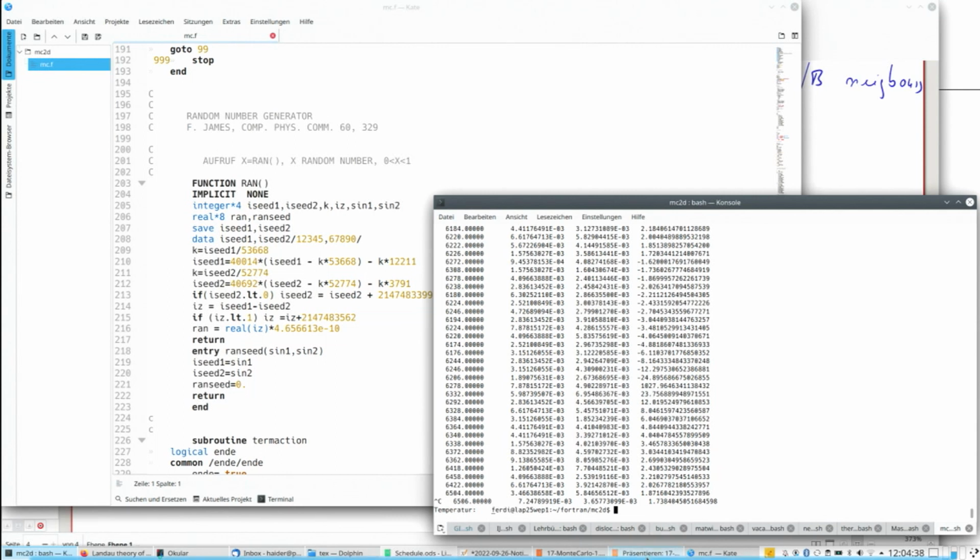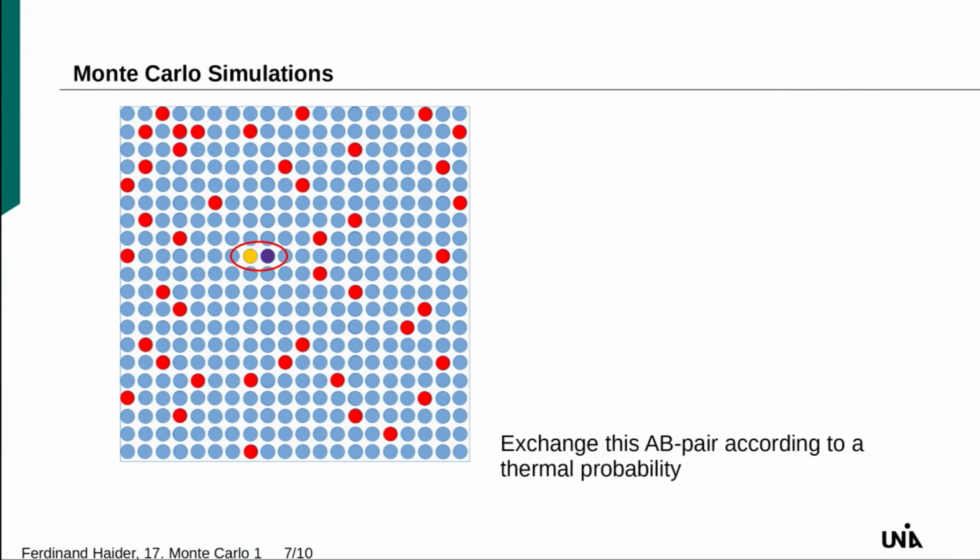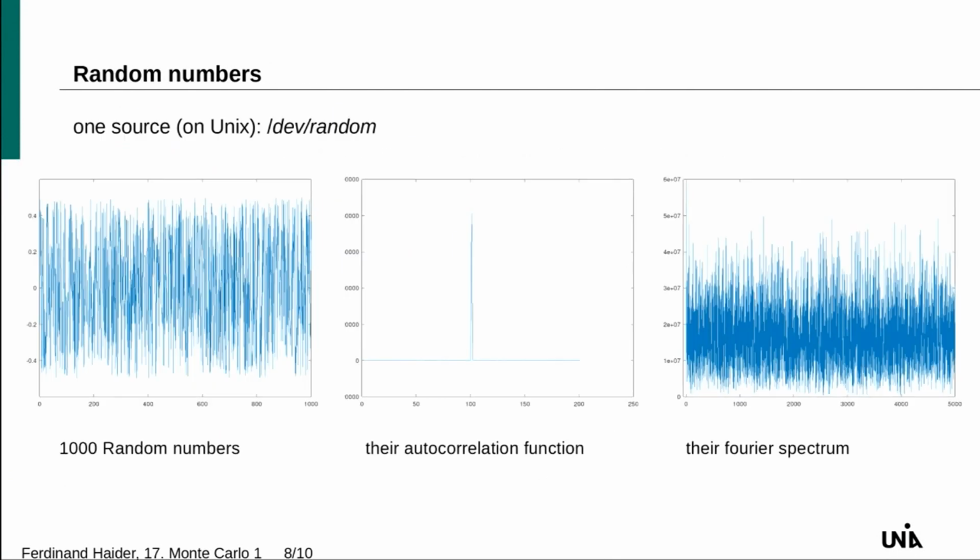Right, yeah. So perhaps as a last point I wanted to make here, you see this algorithm which I explained is about the random numbers. How do we generate the random numbers? And I think Guru already said some words.